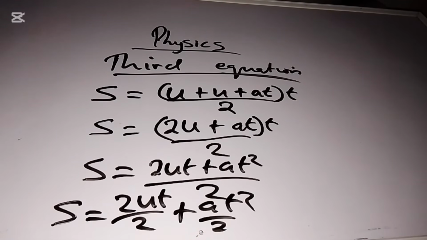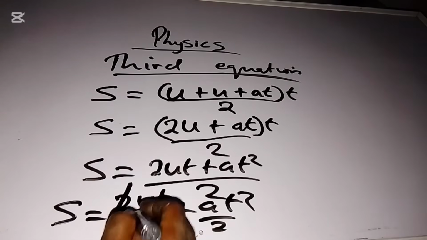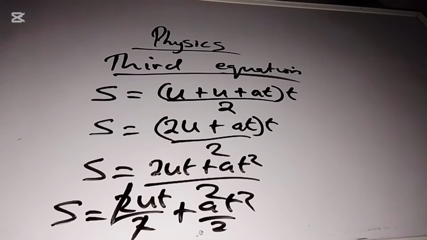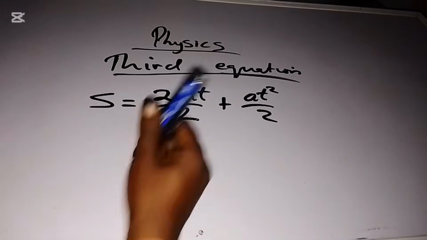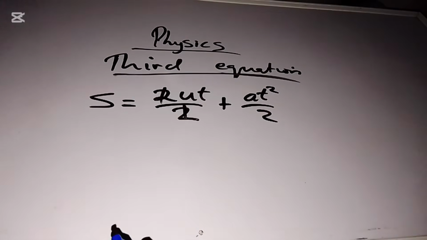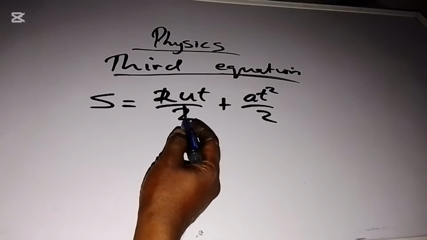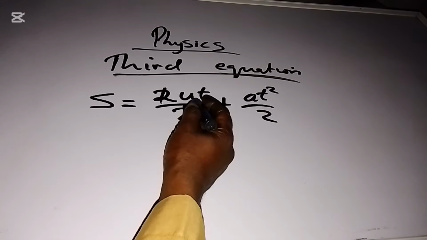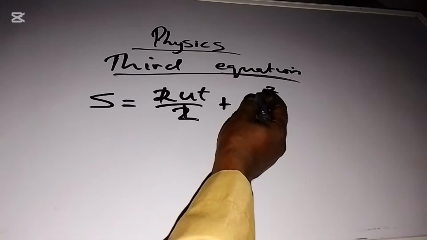The 2s cancel, leaving you with ut plus at squared over 2.